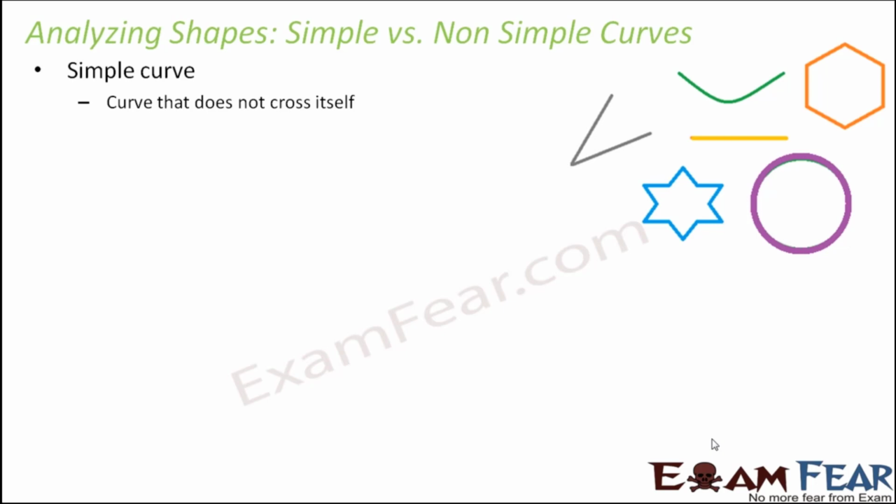If it is a simple curve, that means the curve will never cross itself. That's very important. When you look at these images, this is a curve, and this curve never crossed itself, never intersected itself. Similarly, this closed curve is a simple closed curve because the curve never crossed itself. Now what do I mean by crossing itself?